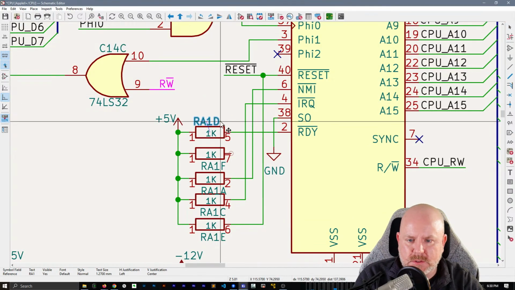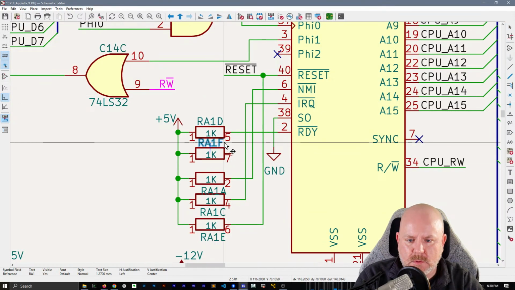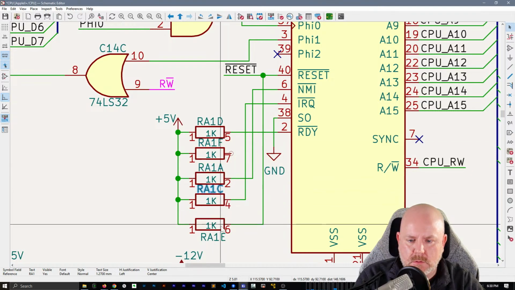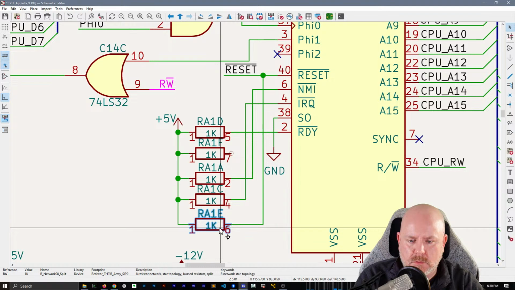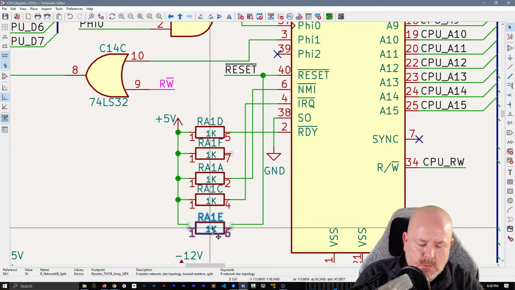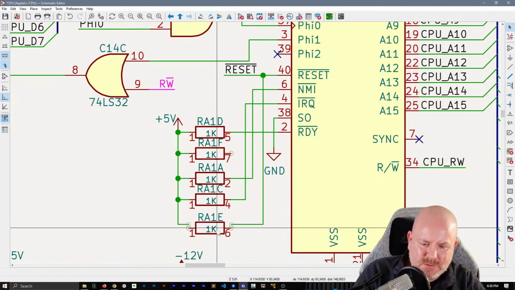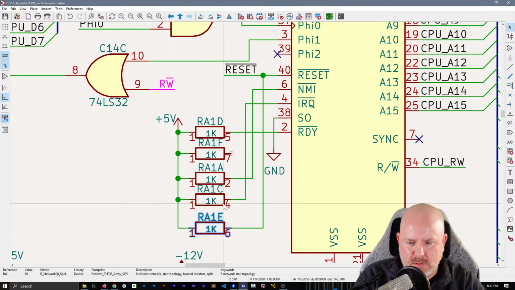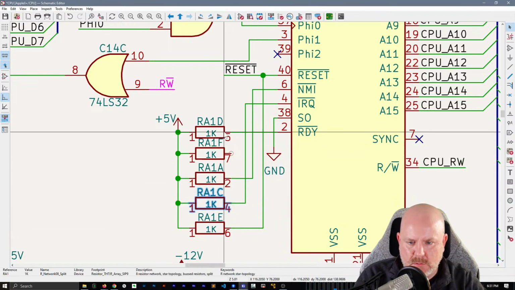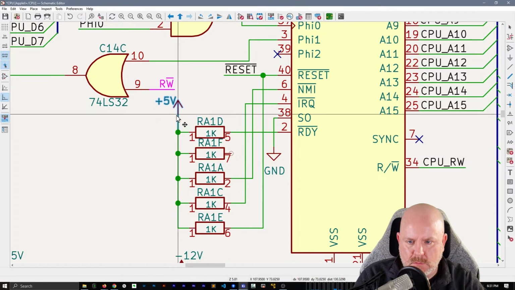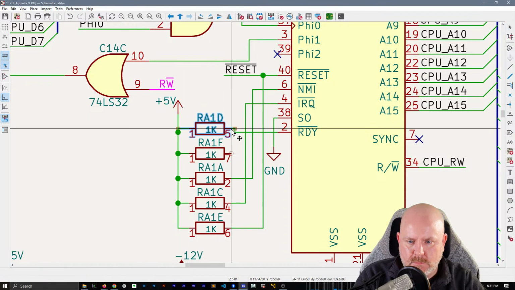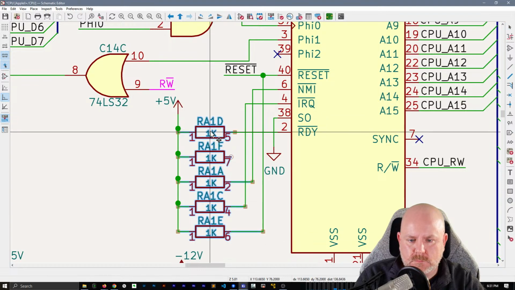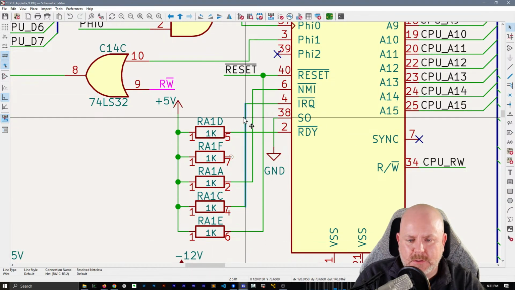All right, so then what did I do? Move? Yeah, that's what I did. Okay.